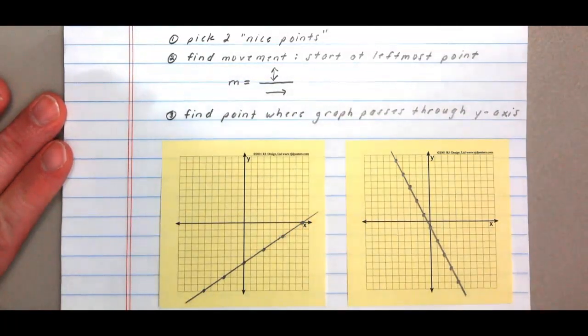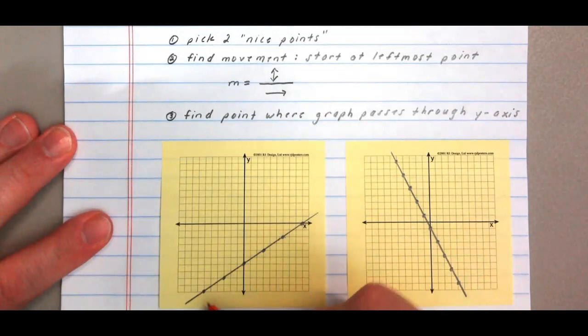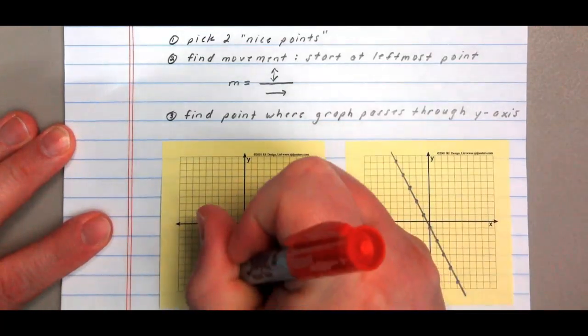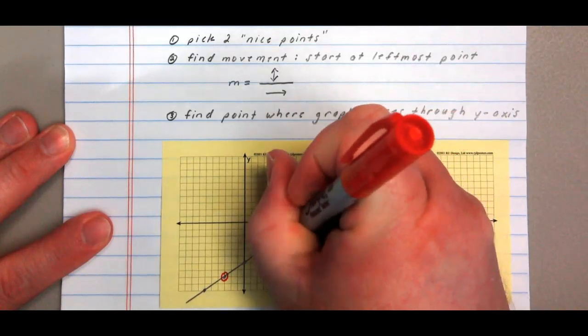So what we're going to do is pick two nice points. Well, I have a whole bunch of points actually labeled on here that are nice, but we can pick any two. So let's say I pick this one here and this one here.